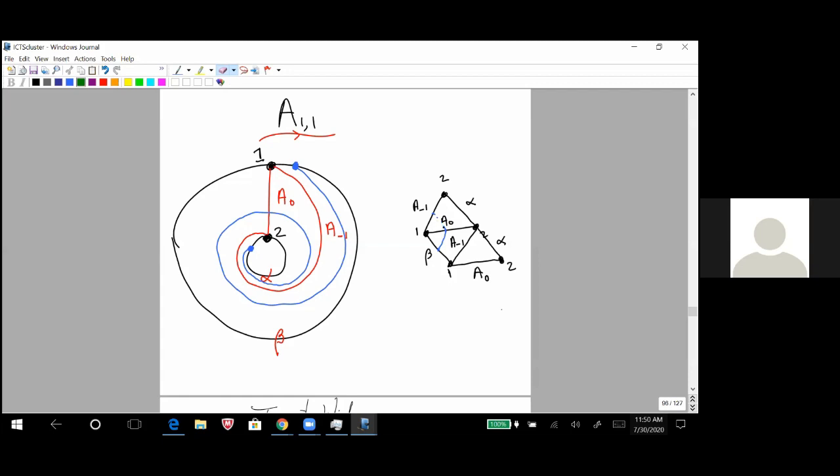So it just looks like this. Okay, so this just intersects A0, and it does so in the Z shape. So what I get from here is negative A0.